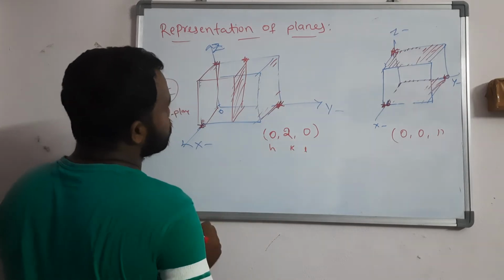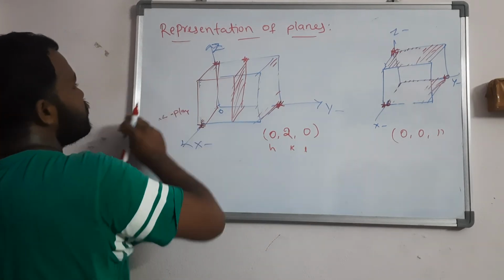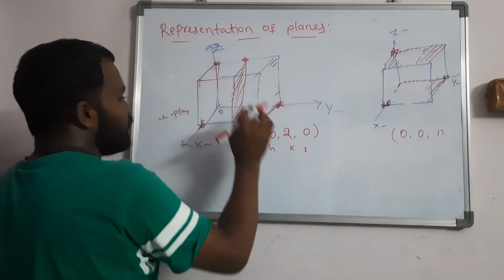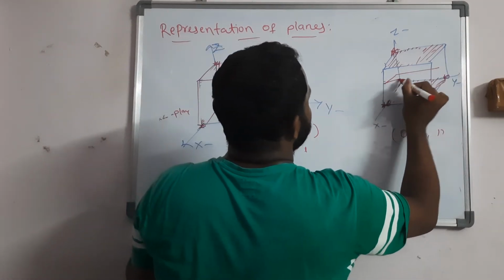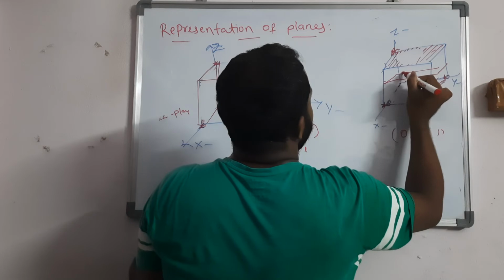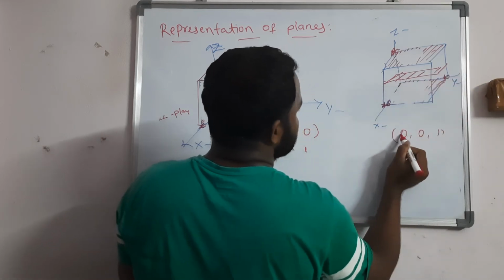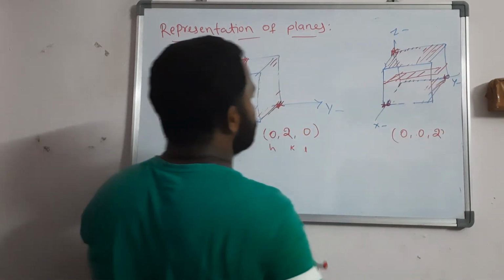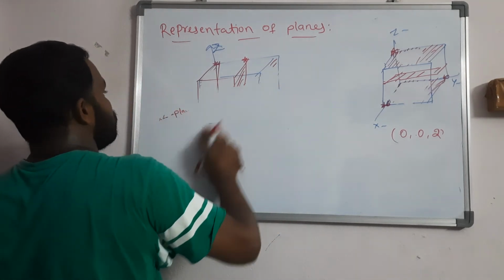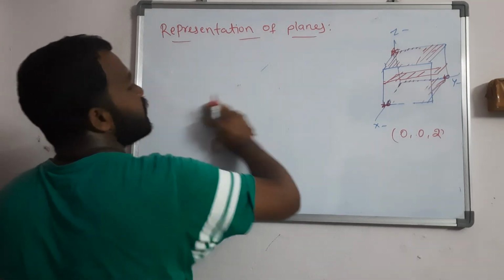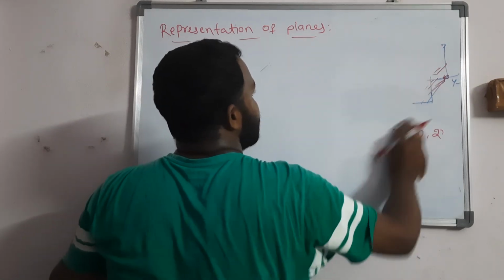This is a 0, 2, 0 plane. That time, half means reverse, so you should write 2. Same plane like this, if you write in between, in the middle, you will get 1 by 2, 0, 0, so 2, 0, 0. Previous also same. You will get the 2, 0, 0 plane, right?